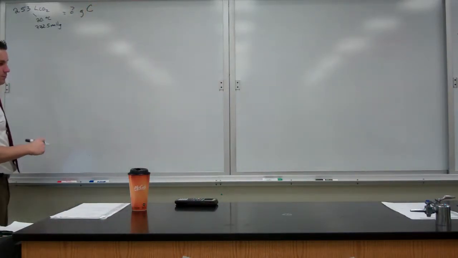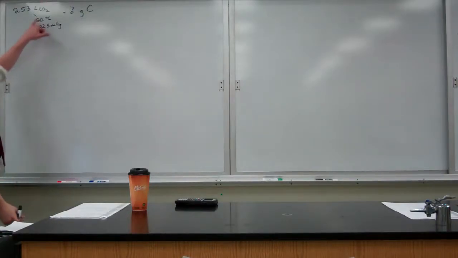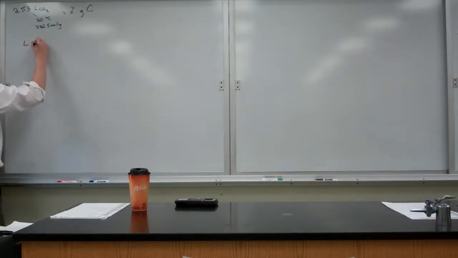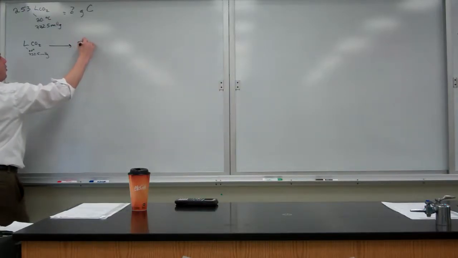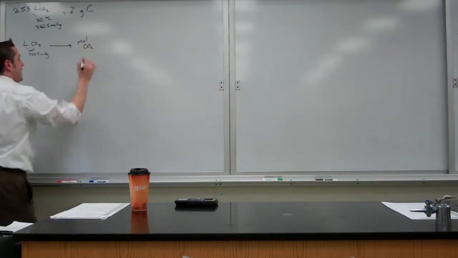Grams of carbon. So first thing you do is say, am I changing identity? And the answer to that question, CO2 to C, is yes. We are changing identity, so we set up our game plan. I'm in liters of CO2 at 20 degrees and 732.5 mmHg. I try to get to moles as quickly as I can.